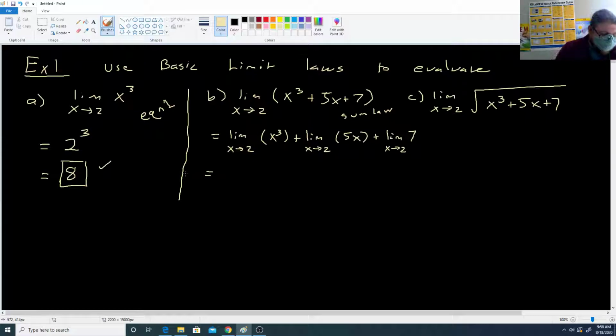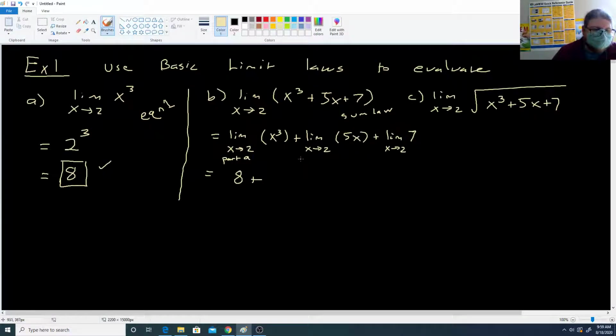The limit as x approaches 2 of x cubed, we can get this by part A. Part A, we just saw limit as x approaches 2 of x cubed is 8. So limit as x approaches 2 of x cubed by part A, that is all going to be 8.